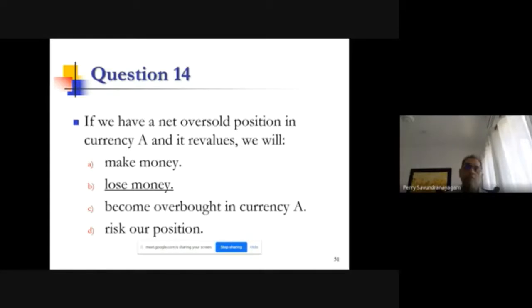But if the dollar devalues, meaning the dollar, not the rupee, goes to 190, the value of the dollar basically goes down. Rupee gets stronger. That means the dollar devalues. So in this case, if A is a dollar and A revalues, it means that A basically goes to 210, for example.